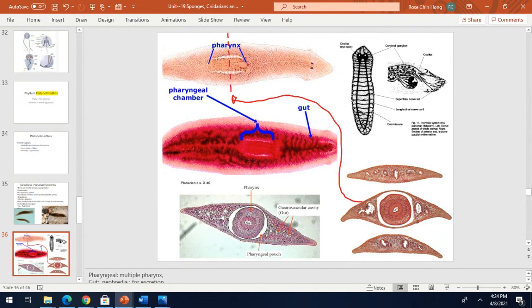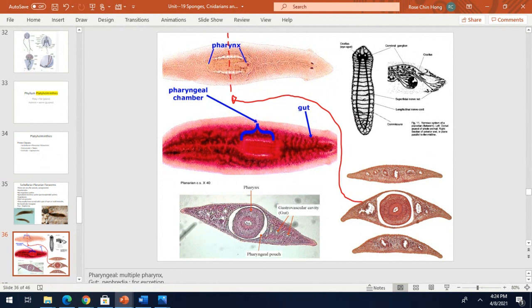If you cut it through here, this is what you'll see. If you cut it more in the front, you see this part. If you cut it more toward the back end, you will see the different parts of this flatworm Dugesia. You see this center here is the intestinal part that goes down.